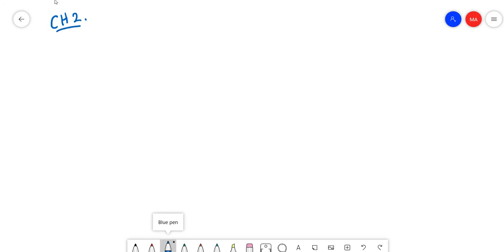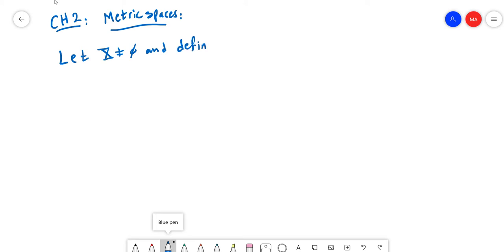Chapter 2: Metric Spaces. Let us start with a non-empty set X and define a distance function.